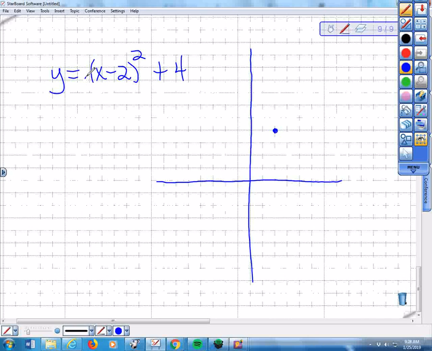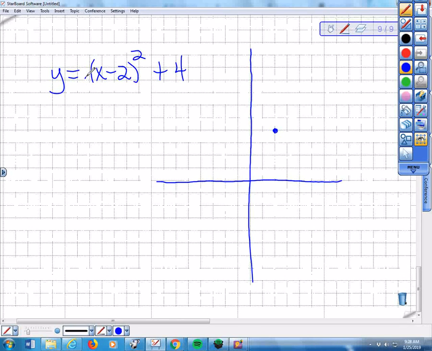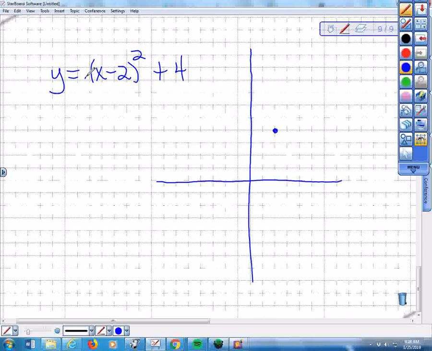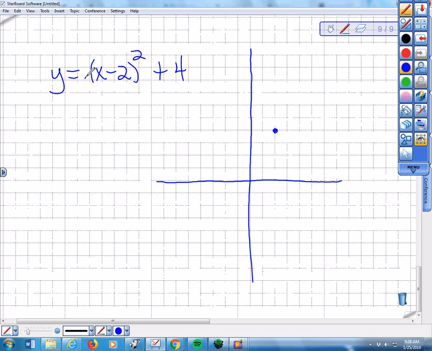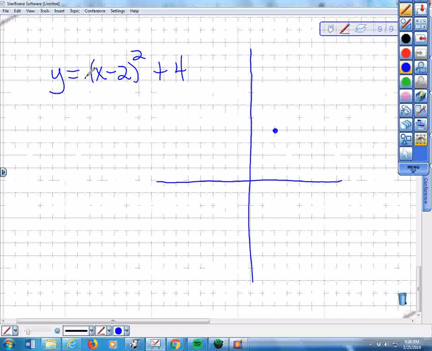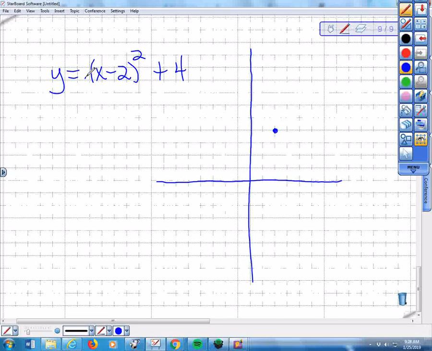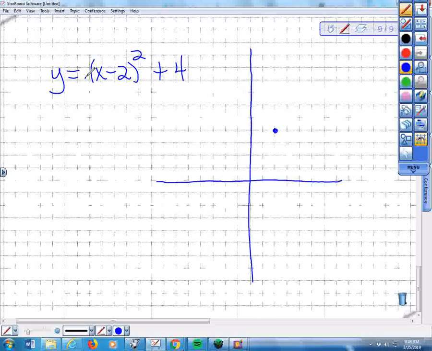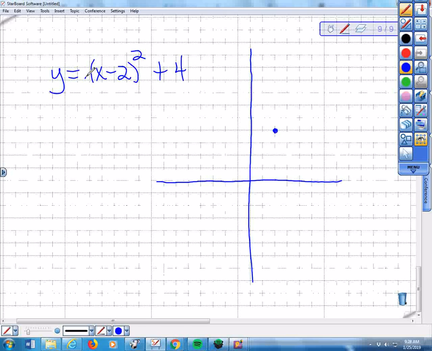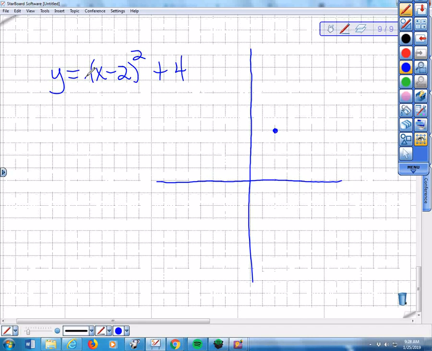So if it opens up, will it help me to find any zeros? No, it's not going to go down. From there, it's going to go up, which tells me my 2 zeros are actually imaginary. If I were to actually solve for my zeros, I would get negative square roots, which tells me it never goes through the x-axis. Okay, so finding my zeros won't do me any good.